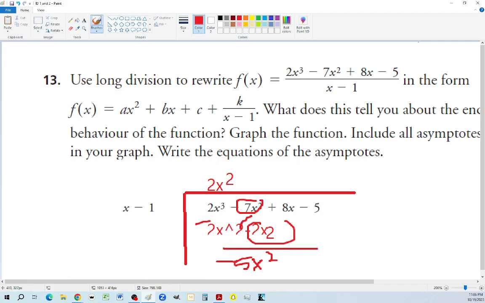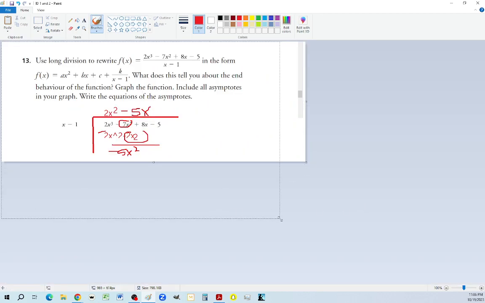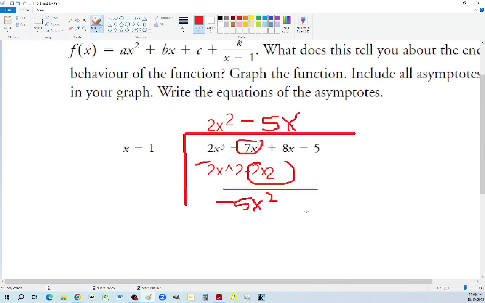Minus 7x squared plus 2x, long division. To get this to negative 5x squared, I have to multiply it by minus 5x. When I do that, let's give myself a little bit more room. I get minus 5x squared, and the next thing becomes positive 5x.